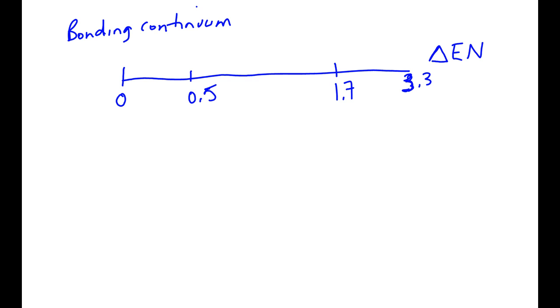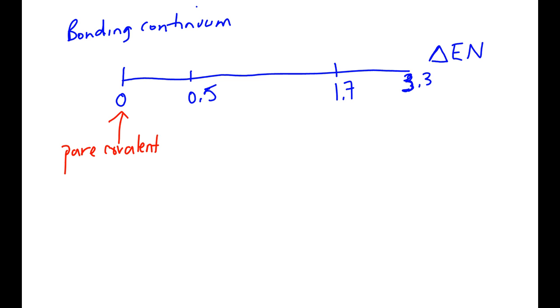So we're going to mark off a couple of areas here. So if your difference in electronegativity between 2 atoms is 0, so you took the high value minus the low value and it is 0, you are considered to be pure covalent.